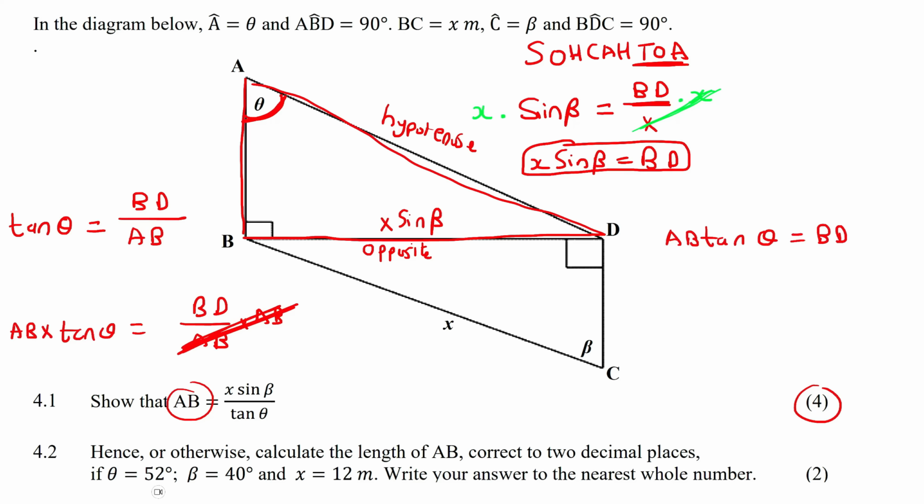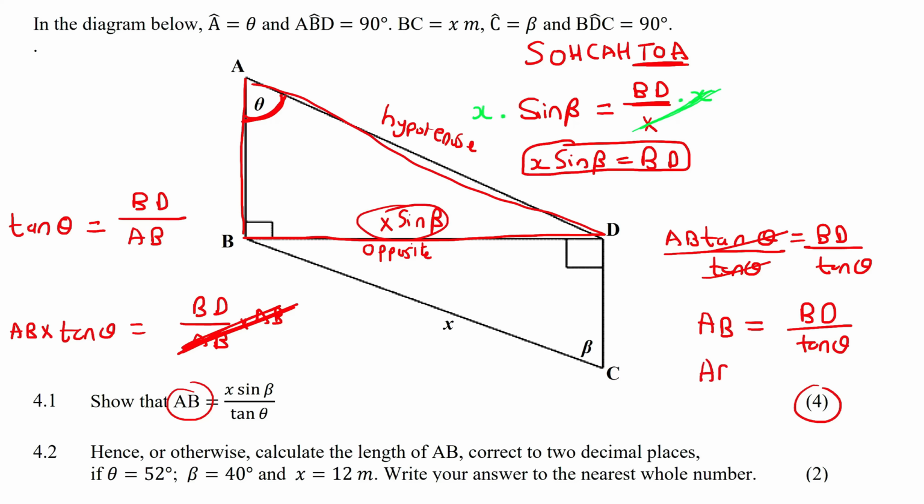Now we can divide this side by tan theta, and what you do to the one side, you do to the other side. Why did I do that? Because now these can cancel, and all that we have left on the left is AB. And on the right we have that. Now we know what BD is. We know that BD is that. So now I can go fill it in. See, I only fill it in at the end.